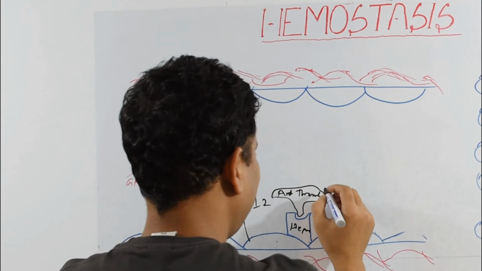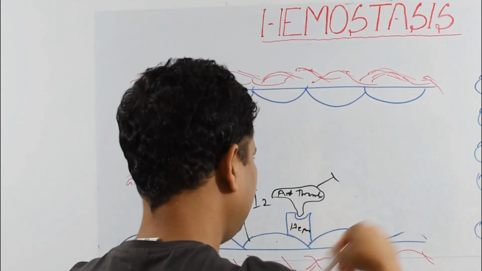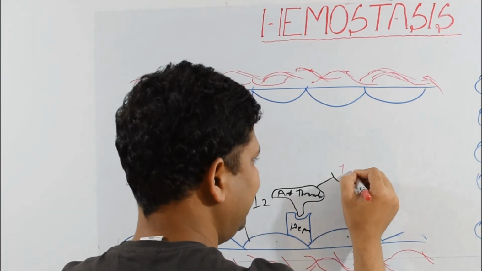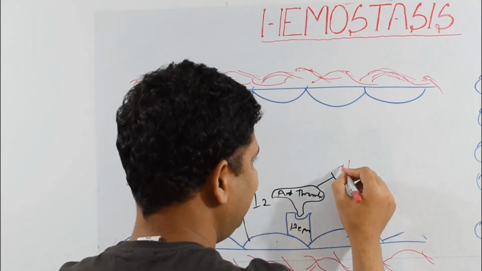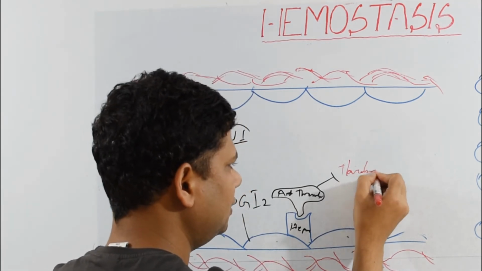So this antithrombin will inhibit thrombin. As the name says, antithrombin inhibits thrombin.